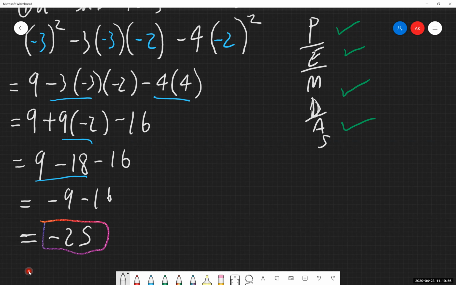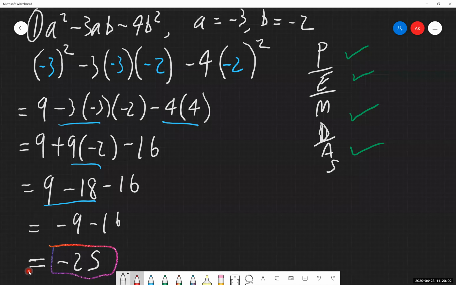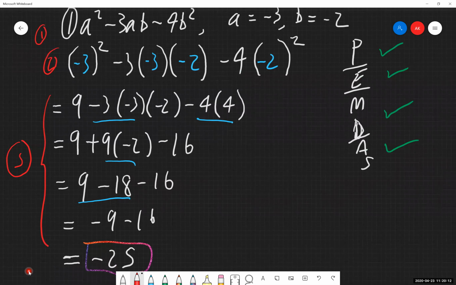So again, a big portion of this is just doing PEMDAS. If we're comparing all of our steps that we have here, we have step 1, step 2, and then all of this down here is step 3. But all of step 3 hinges on making sure that we have done step 2 properly.